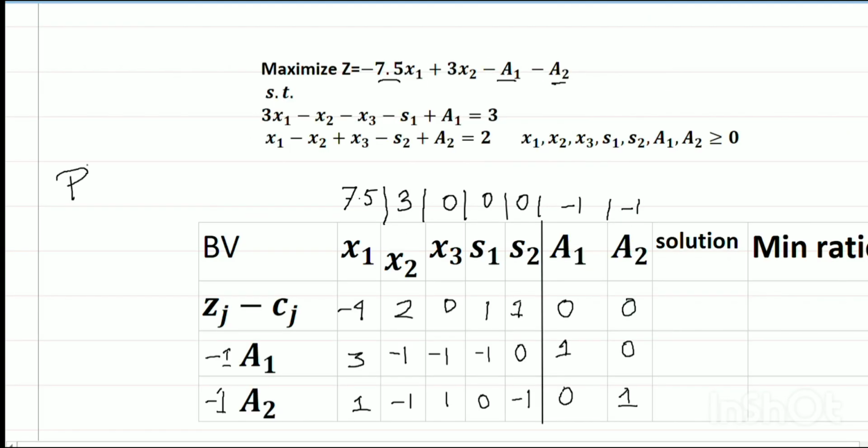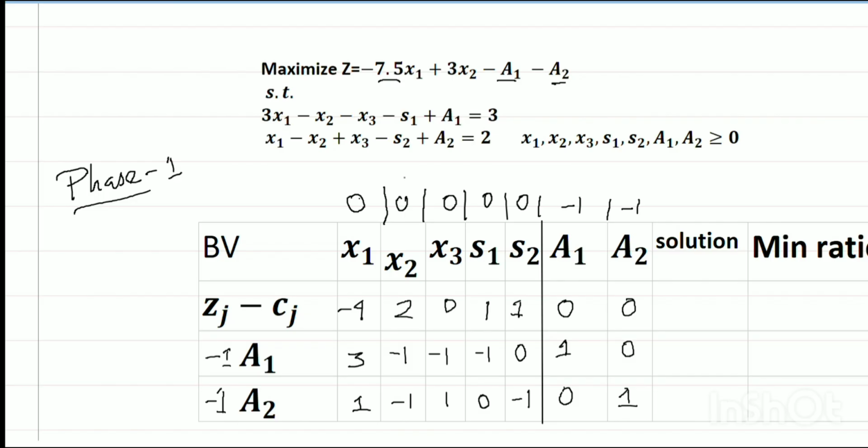Now you have to remember how I get these values, because I use phase 1. My target is phase 1. In phase 1 you see that it is changed. It is not 7.5, all the values are 0, because this is the procedure of phase 1.